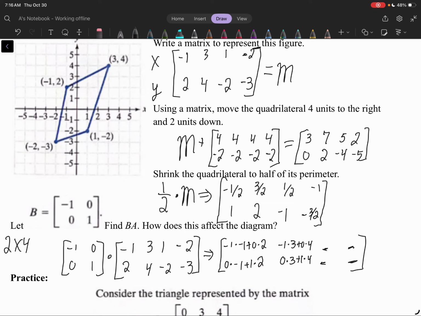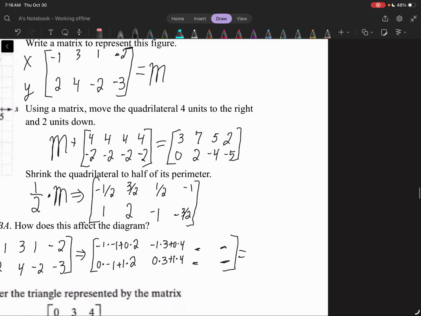I'm just going to write the answer. When I do this, I'm going to get 1, negative 3, negative 1, positive 2. I'm going to get 2, 4, negative 2, negative 3.